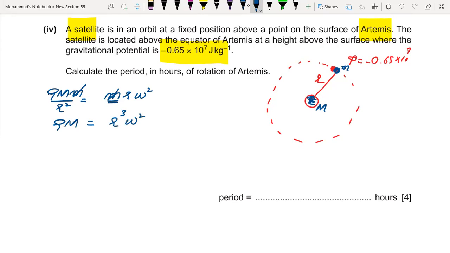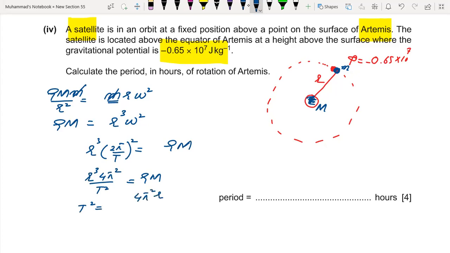Now we bring the time period in, placing omega as 2 pi by T. So r cubed times 4 pi squared over T squared is equal to GM, and T squared becomes 4 pi squared r cubed over GM.